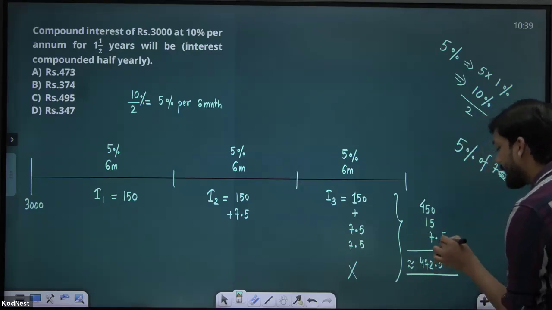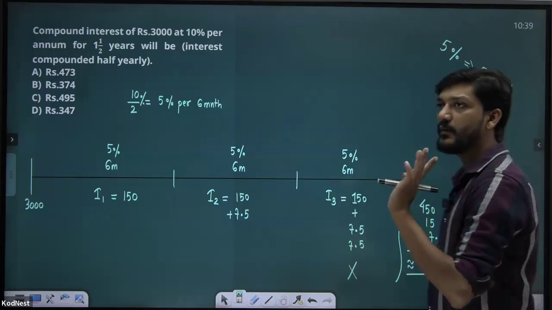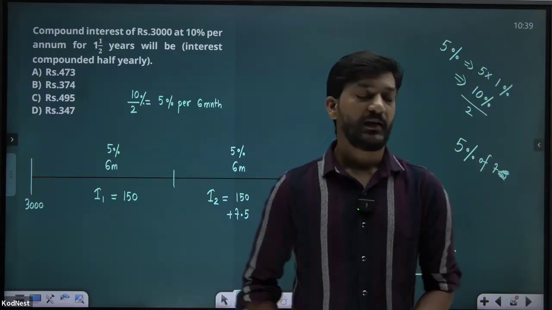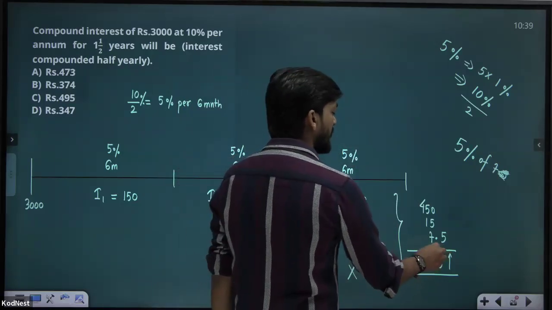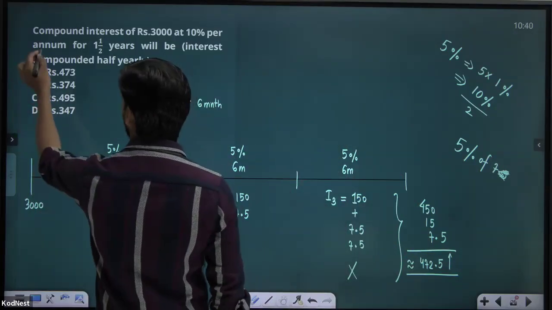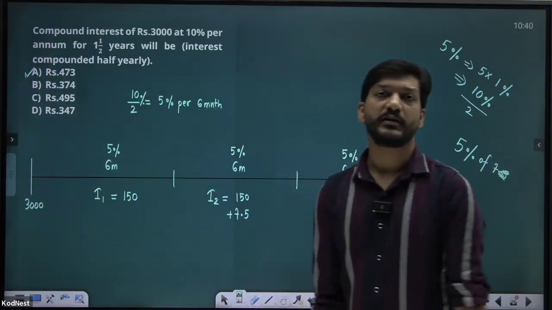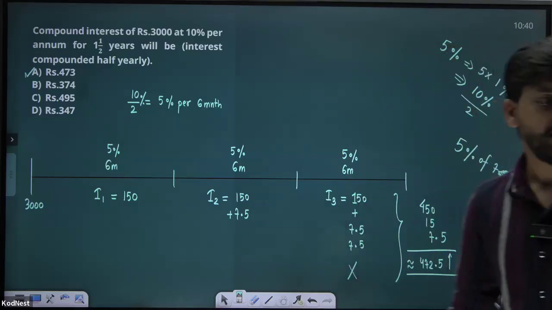So approximately this, a little bit higher will be the answer. Very little bit. We have not taken 0.3, so around 472.8 will be the answer. So approximately A option is correct. Is this point clear or not? Please carefully see.